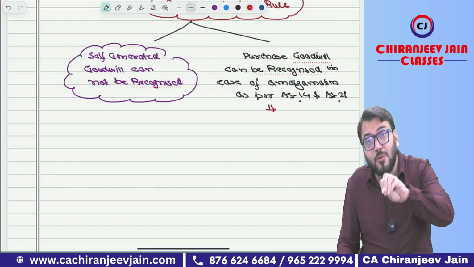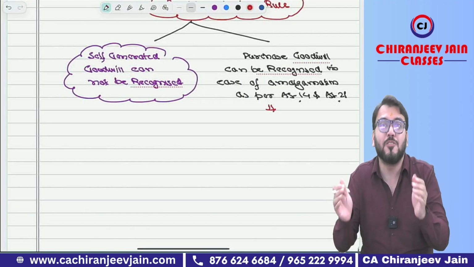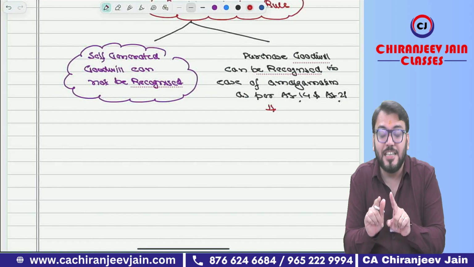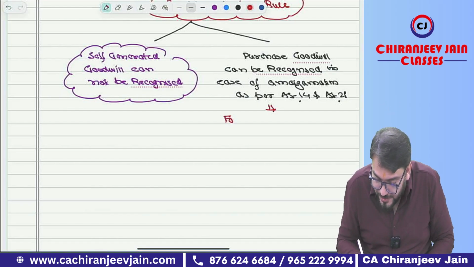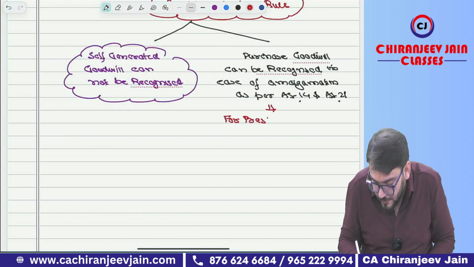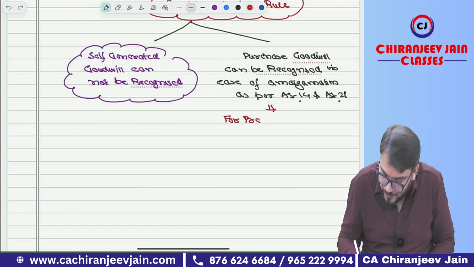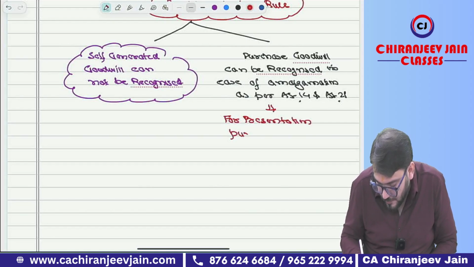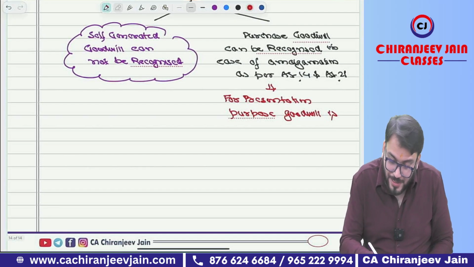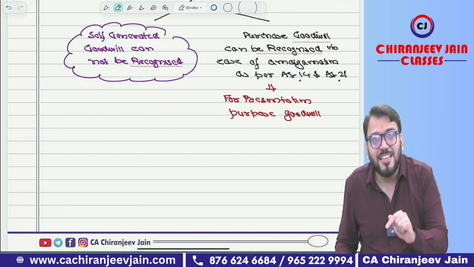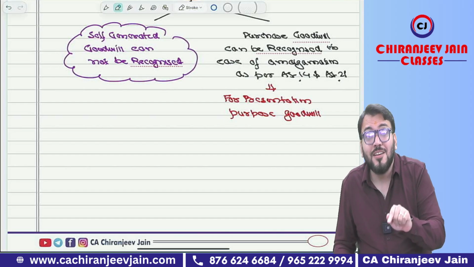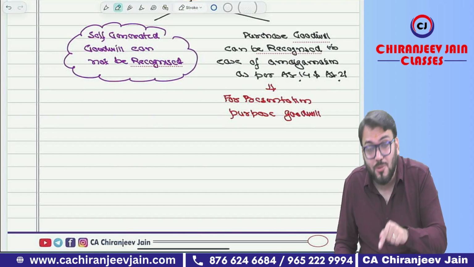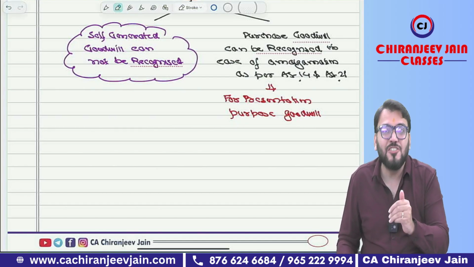So as per the requirement of disclosure purpose, meaning presentation purpose, goodwill is shown in the balance sheet under the head intangible asset, because we can't disclose it under what? Property, plant and equipment.